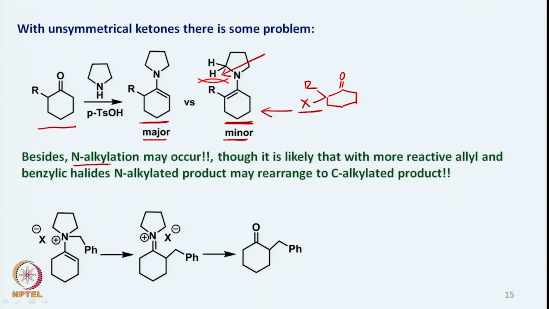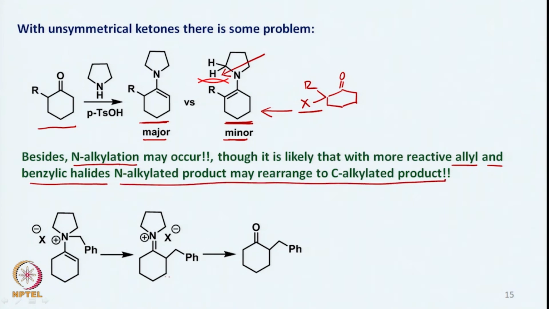Besides C-alkylation, N-alkylation also occurs, and it is possible that in cases where allylic and benzylic halides are dealt with, the N-alkylated product may rearrange to the C-alkylated product.